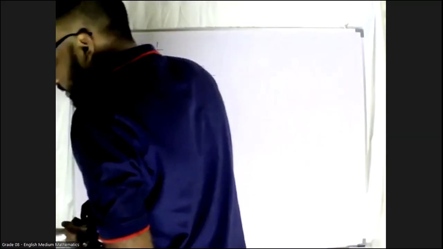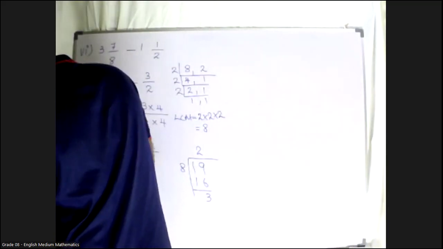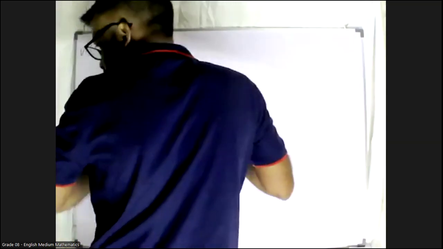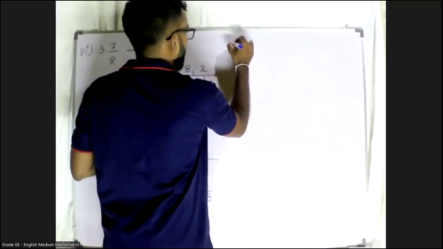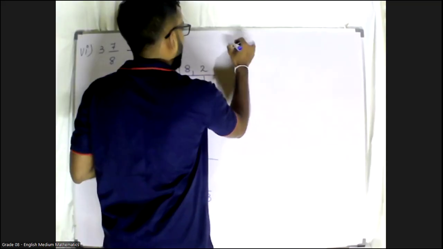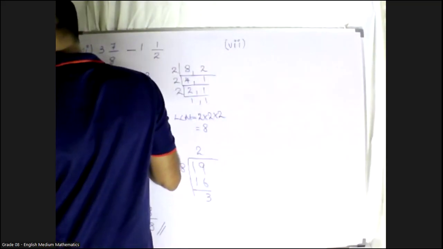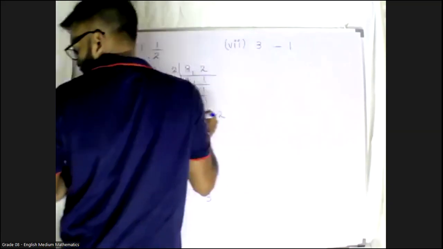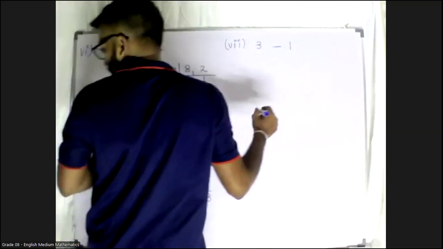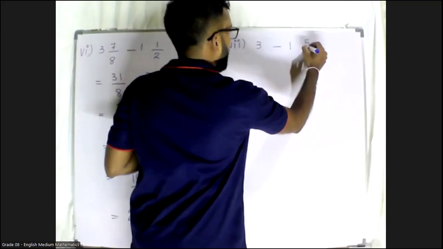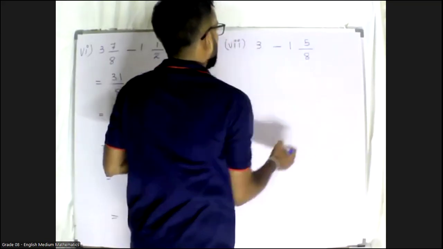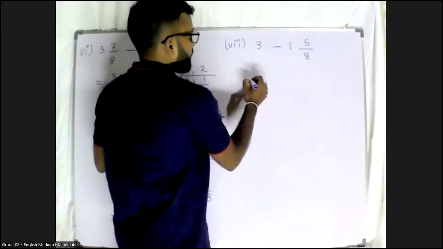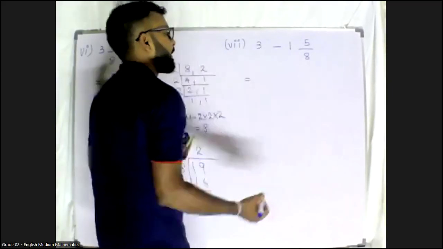Right. The 7th one is 3 minus 1, 5 upon 8. So I am going to put an equal mark.